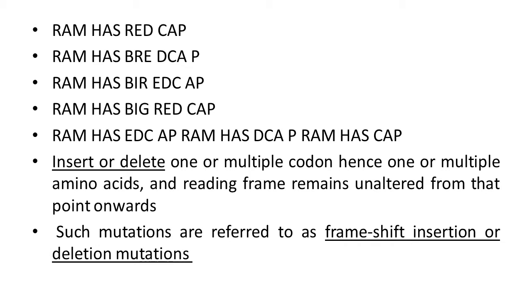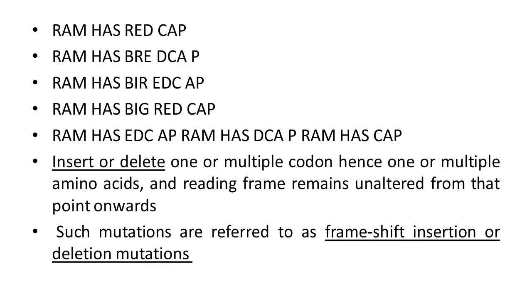Similarly, if we now insert two letters at the same place, let's say BI, it should read as Ram has BIR EDCAP. So it's a second condition. If we insert three letters together, BIG, then if we try to read the statement, it would be: Ram has big red cap.